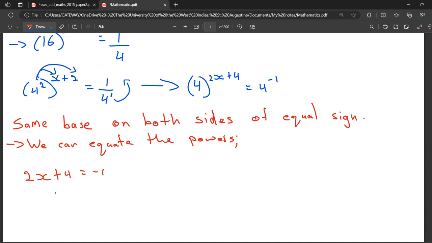So we solve for x here now. So 2x is equal to negative 1 minus 4, because I carry across the positive 4 to the right hand side, it becomes minus. Therefore 2x is equal to minus 5. Therefore x is equal to minus 5 all over 2. And that's basically the answer there for that part, minus 5 all over 2.